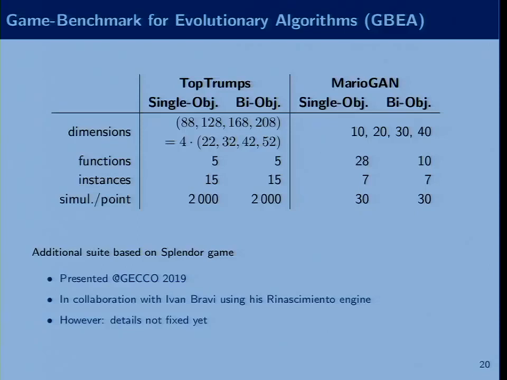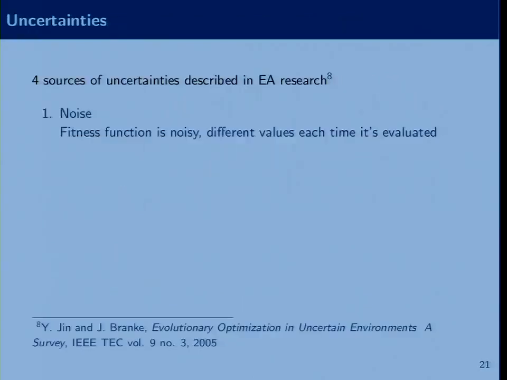But we haven't fixed the details with respect to dimensions, functions, and so on yet, so that's not within this slide. Quick note, that's actually not PCG, that's hyperparameter optimization, so mixed integer optimization of game agents, so it's a different application as well. And he's presenting a paper on this, I think it's Friday, on just the game agents and the engine. So you should go there, it's interesting.